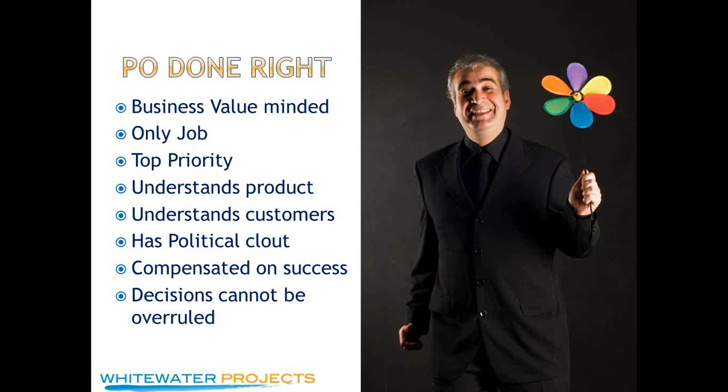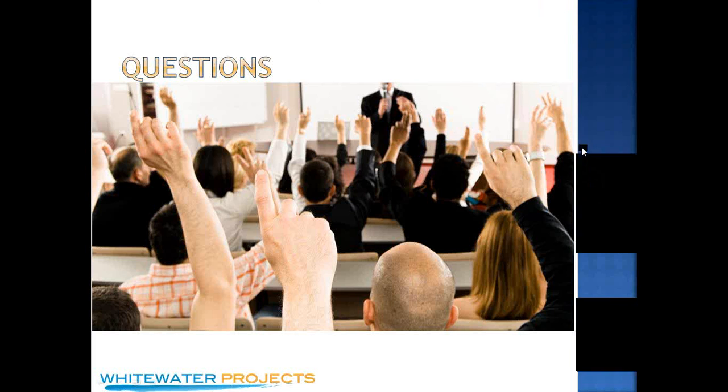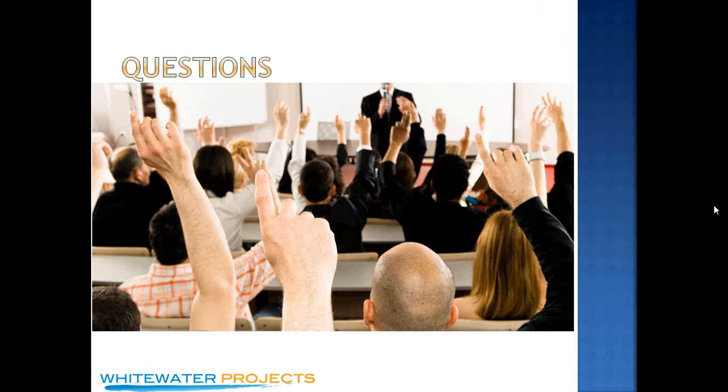They have the political clout to get stuff done and to get the big decisions made. They are compensated on the success of this product, and their decisions cannot be overruled. Right? These are the people who, this is their deal, and they have the final say.